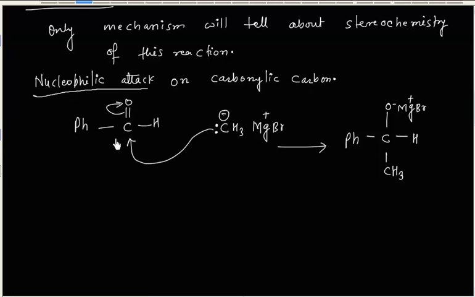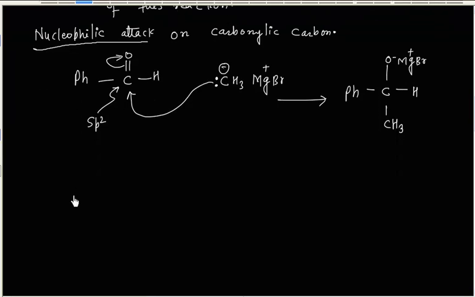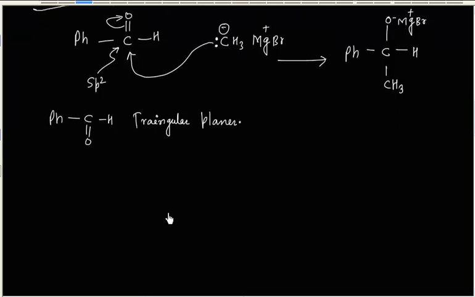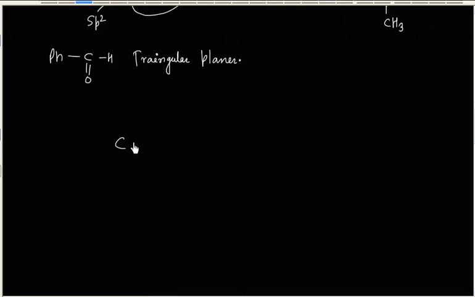Now if you see this carbon, the hybridization for this carbon is sp2, and the geometry of this molecule is triangular planar. So we can show something like this.